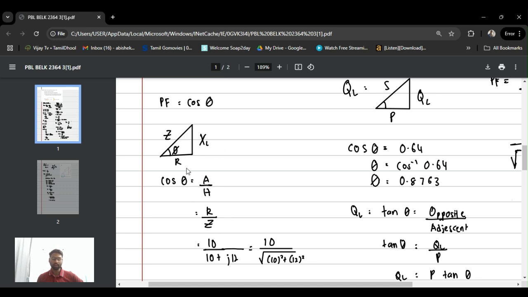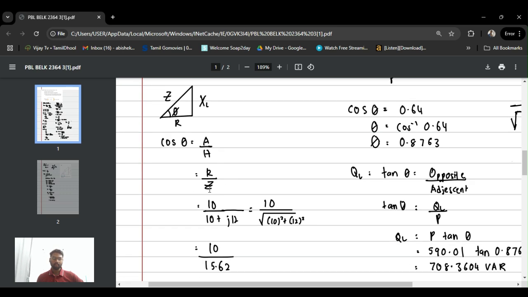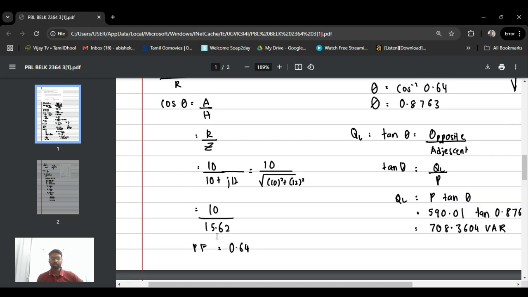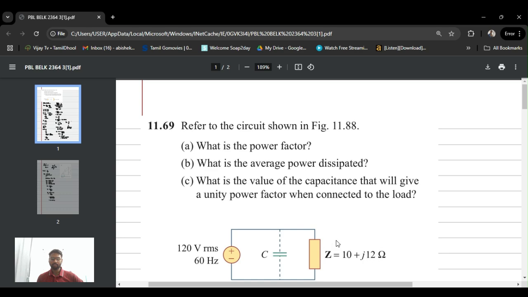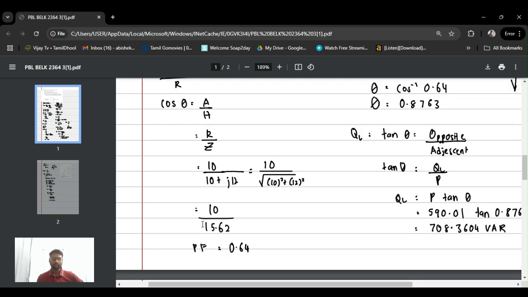Seeing from the perspective of the angle, the adjacent should be the resistor, and the hypotenuse will be the impedance. The impedance we already calculated is 15.62, the resistor is 10 from the question, and the total impedance is 15.62 in magnitude. So 10 divided by 15.62, you get the power factor.